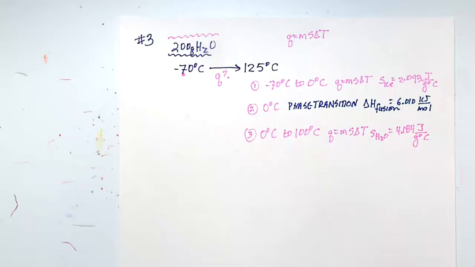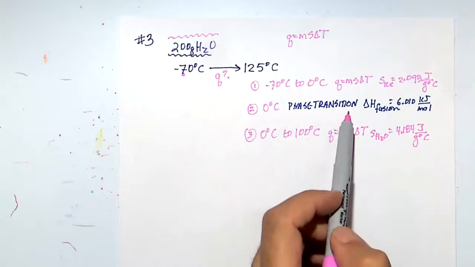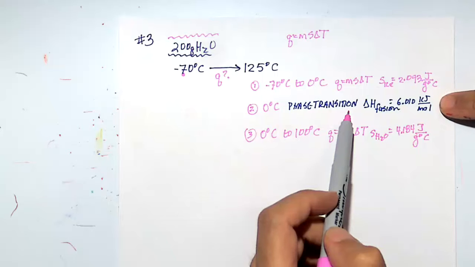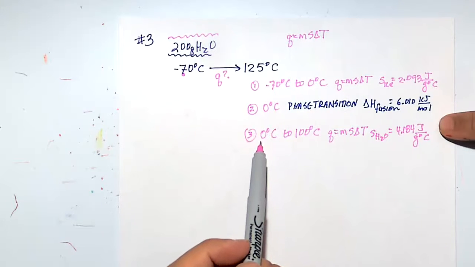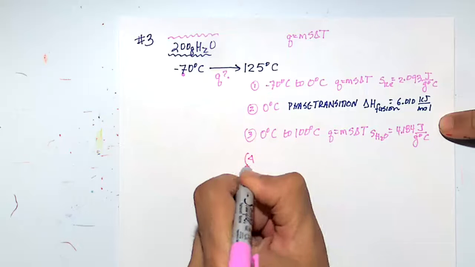We don't memorize constants in this class. All right, so we went from minus 70 to 0. We added more heat to overcome the phase transition, shown in blue. And now we have to add heat to go from 0 to 100. And now we're at step 4.